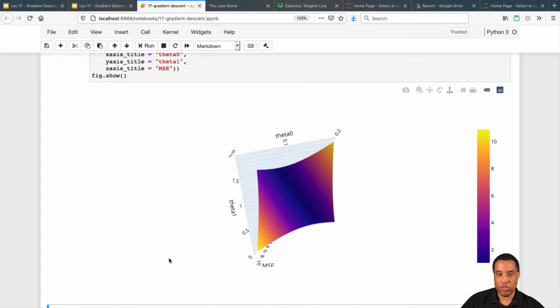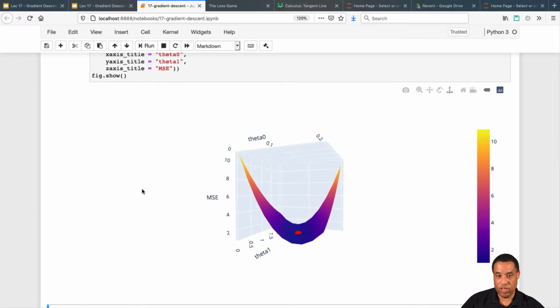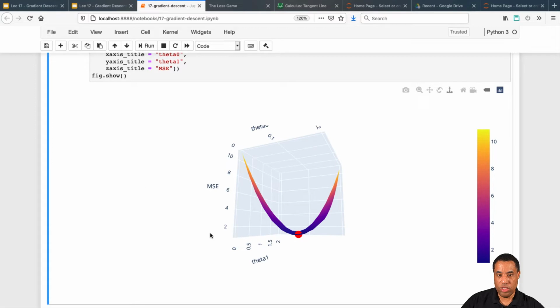So we can now see the minimum point, and you can see it's sort of like a saddle here. And so we see this minimum point right here. Can I actually click on it? There we go, our optimal point. Wait, that's not the same thing we got with our closed form solution, right?